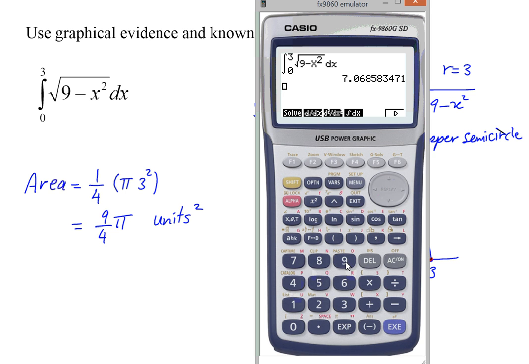So if we check that, 9 over 4 pi is 7.068. So that is the value of the integral for this function.